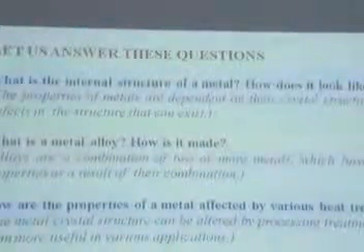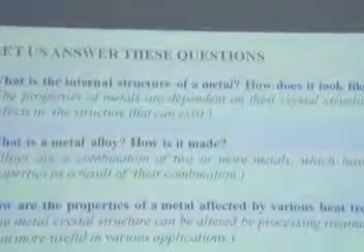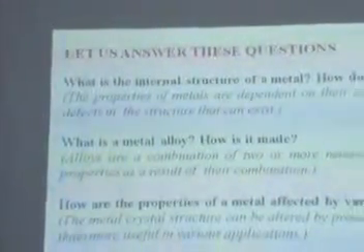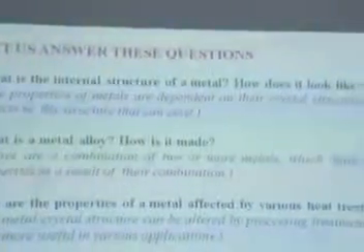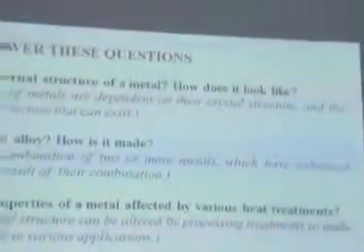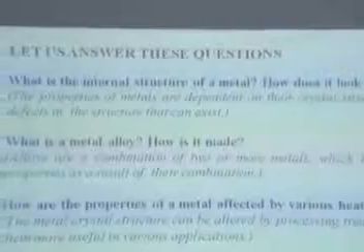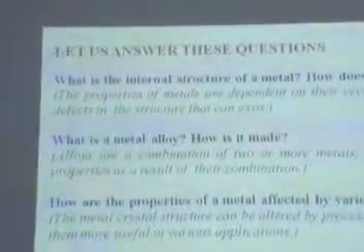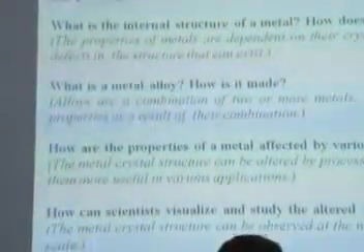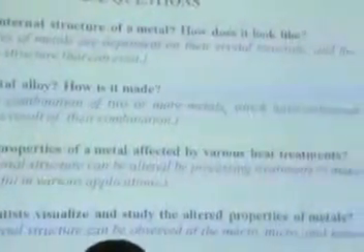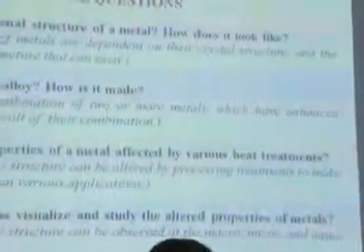So we would be going through details to this question and the properties of metal that depend on their crystal structure. All properties depend on what kind of crystal structure it has, and the defects, if there are any in the structure.